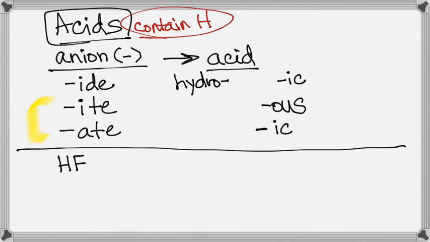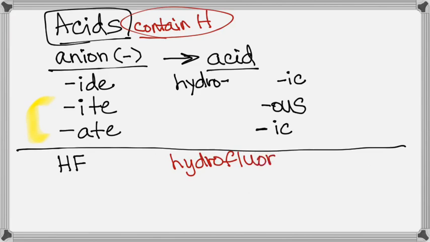So HF, it's a binary compound, only two elements, your H and your F. We're going with the first naming convention because the F here is fluoride, so it is hydro, fluor.